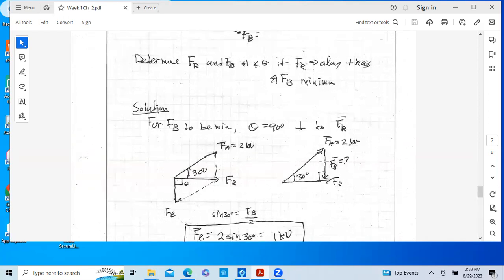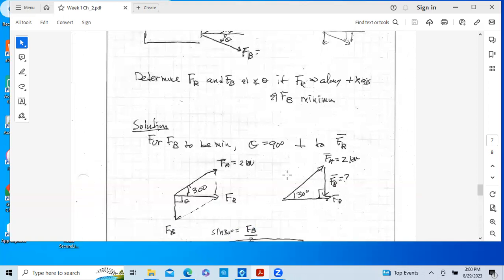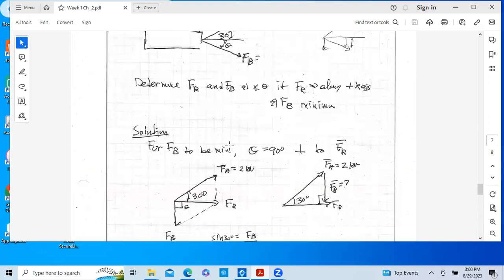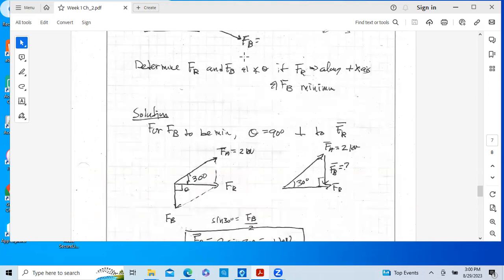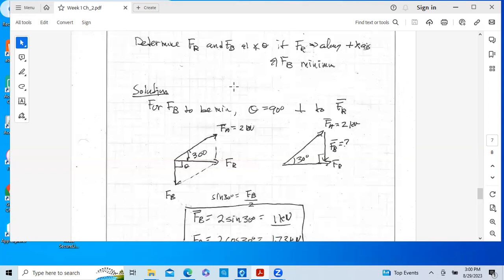So believe it or not, you could have this tug pulling this way, one kilonewton, and the barge would be moving horizontally along this x-axis, and the force would be 1.73 kilonewtons. If we go back, and this isn't a minimum, it's something else.